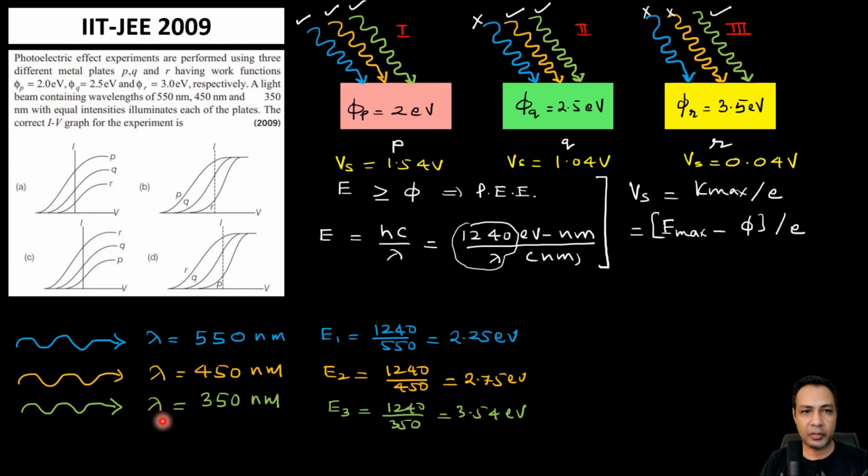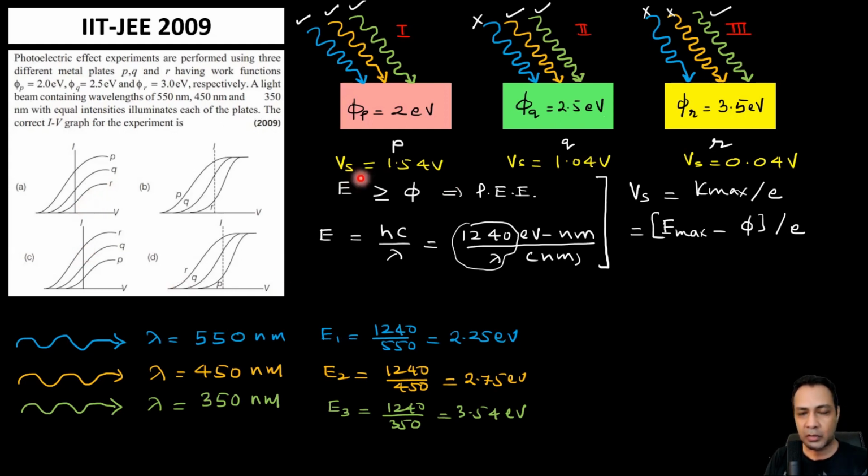Now let's look at the graph. For the graph, there are two pieces of information that we'll be looking at: on the left side of the origin on this axis, there will be a stopping potential. So we'll look at which plate has the greater stopping potential, and on the other side the current has got saturated. So we'll see for which plate there is the maximum saturation current.